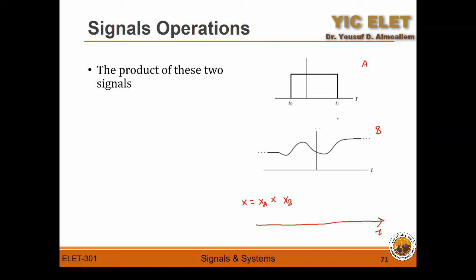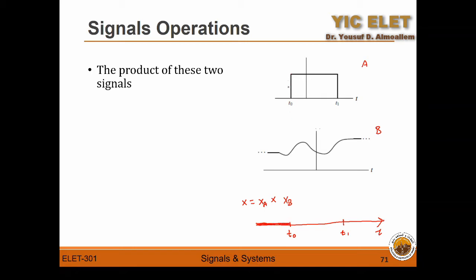So what I will define is this is the period that we're talking about, t1, and this is the starting point and ending point. So in the first region, there is a 0 in signal A. 0 multiplied by any constant will give you 0. So this is what we are talking about.